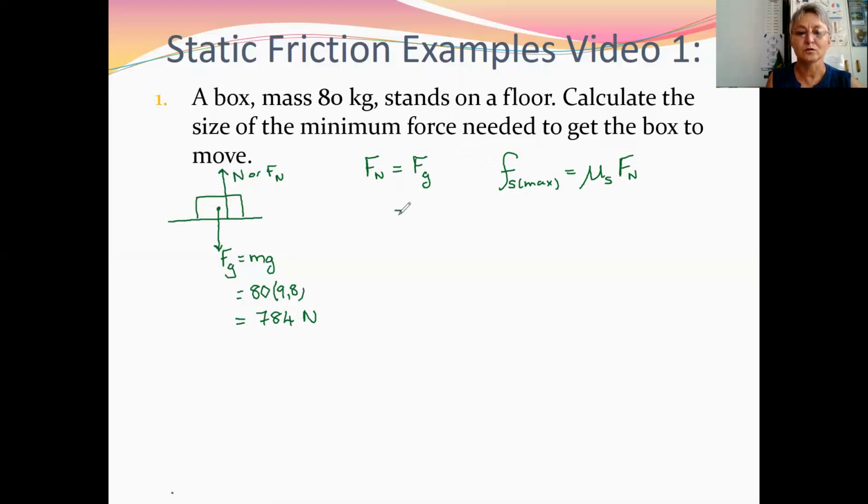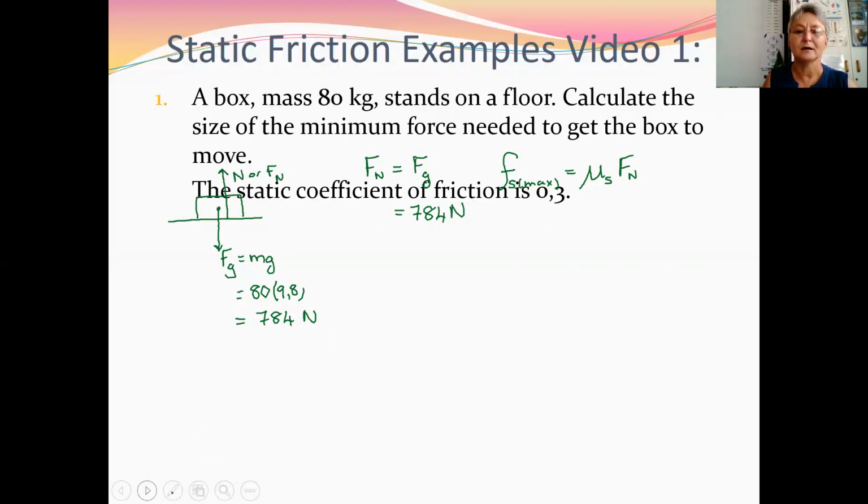So the normal force will be 784 newtons. They haven't given us anything in order to work out... there we are.